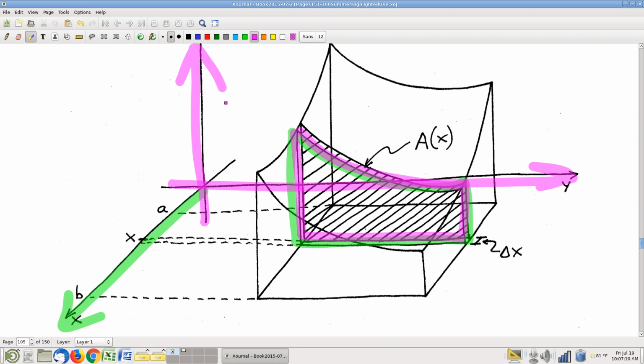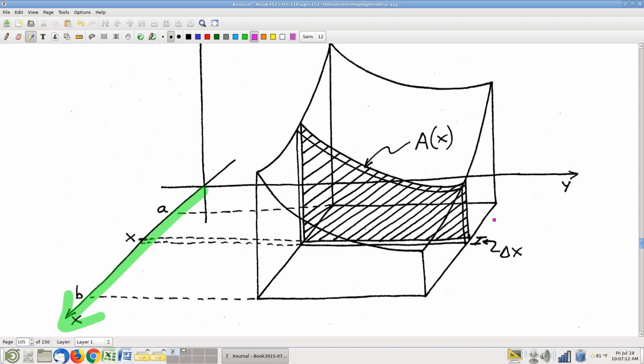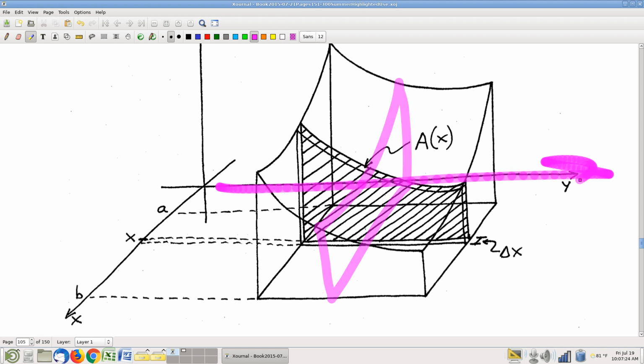I did not have to do my x slicing on the outside there, what I'm going to call first momentarily. Okay, you could just as well slice first perpendicular to the y-axis and view the volume as a sum of a bunch of these kinds of slices of bread. It works fine.